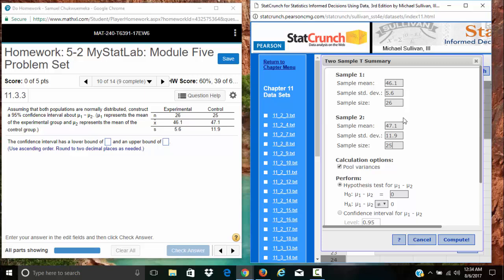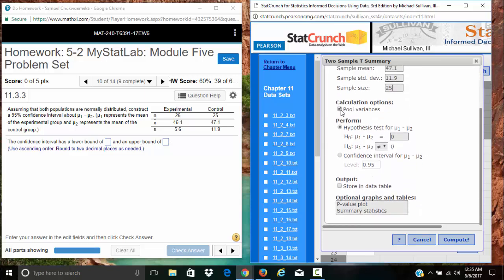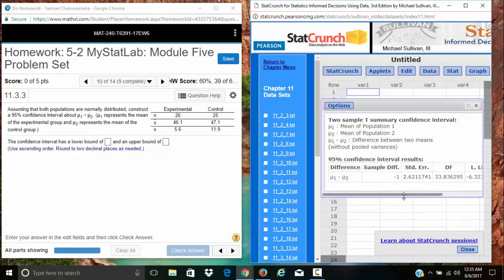That's fine. They are independent samples anyway. Please make sure that you uncheck this pool variances. We don't want that. So uncheck that box, and then perform confidence interval. That's all we want. And 95%, which is 0.95. And then click compute.